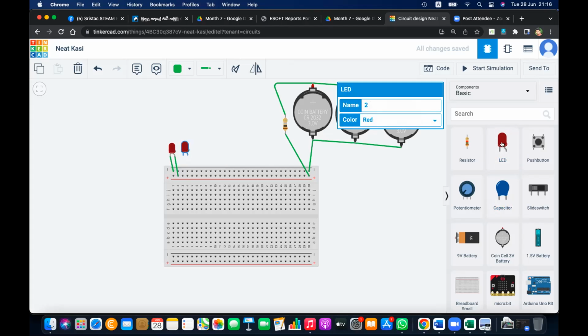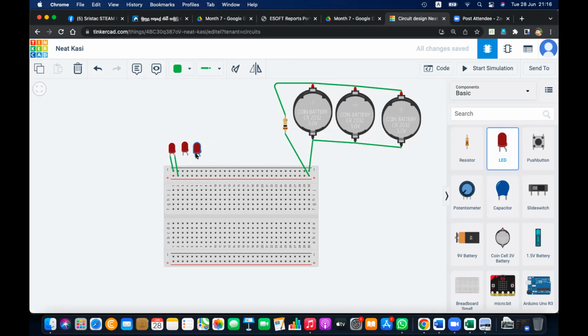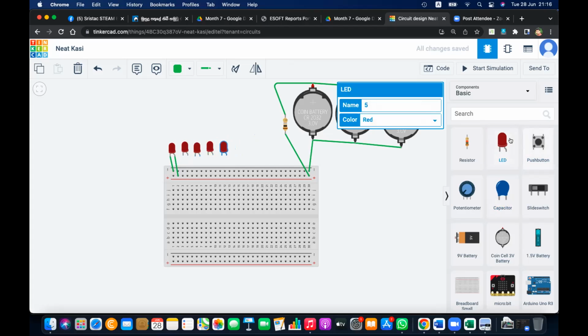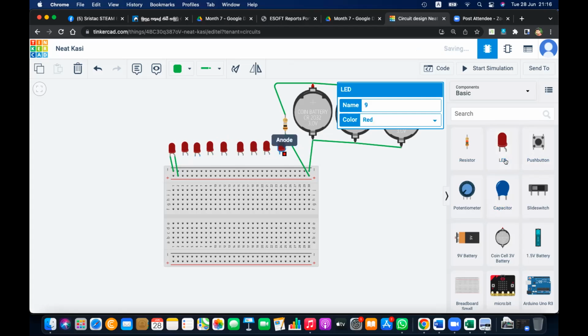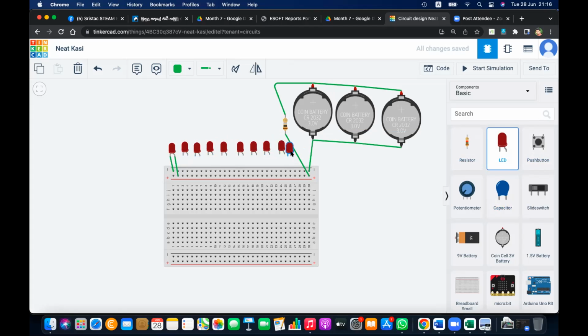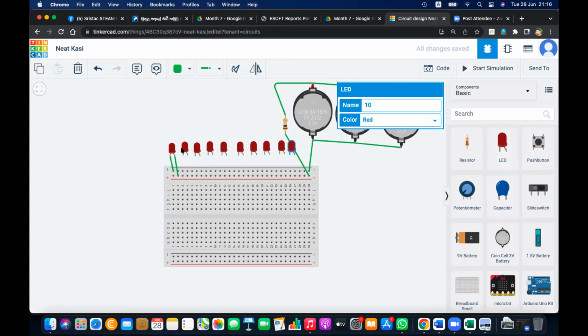So let's add 10 LEDs quickly. 2, 3, 4, 5, 6, 7, 8, 9, and 10. Then you can connect this.